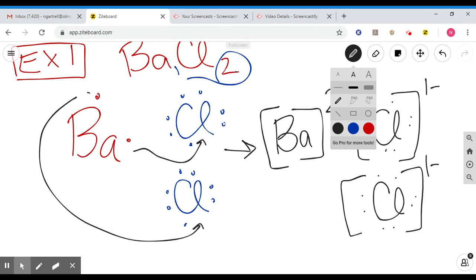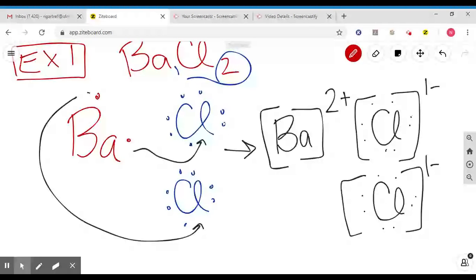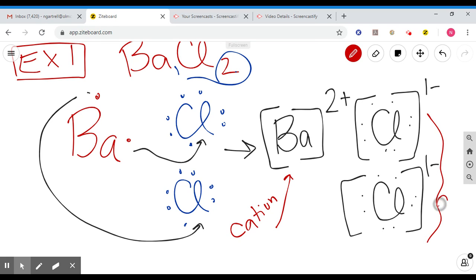It's a good time to go over some vocab words. Which is the cation? Is the cation barium, or is the cation chlorine? The cation has a positive charge, so the cation is here. Anions are negative, so these are your anions.